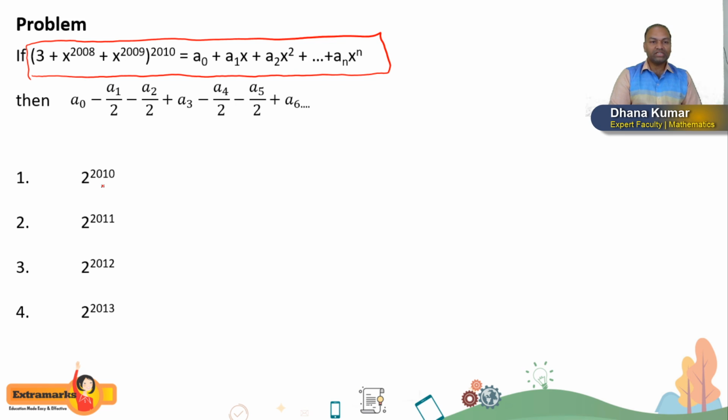Then find this value. Okay. Now, any idea about this one? Just by the substitution method, we can easily find out. Substitute what? See, first 3 terms, second 3 terms, almost the same format is there.